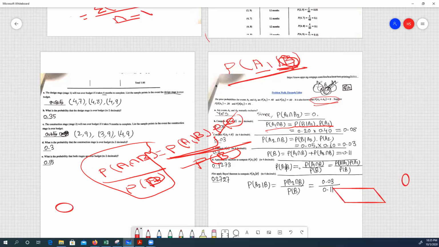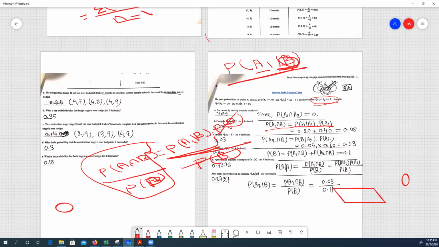We already know this probability: it is 0.08, and the probability of B is 0.11. So then it will be 0.08 divided by 0.11, which is 0.7273.